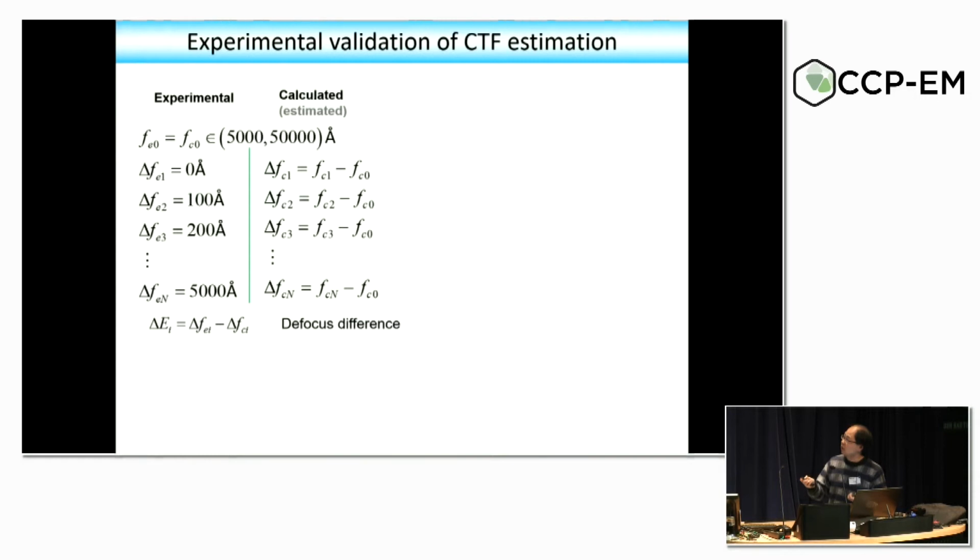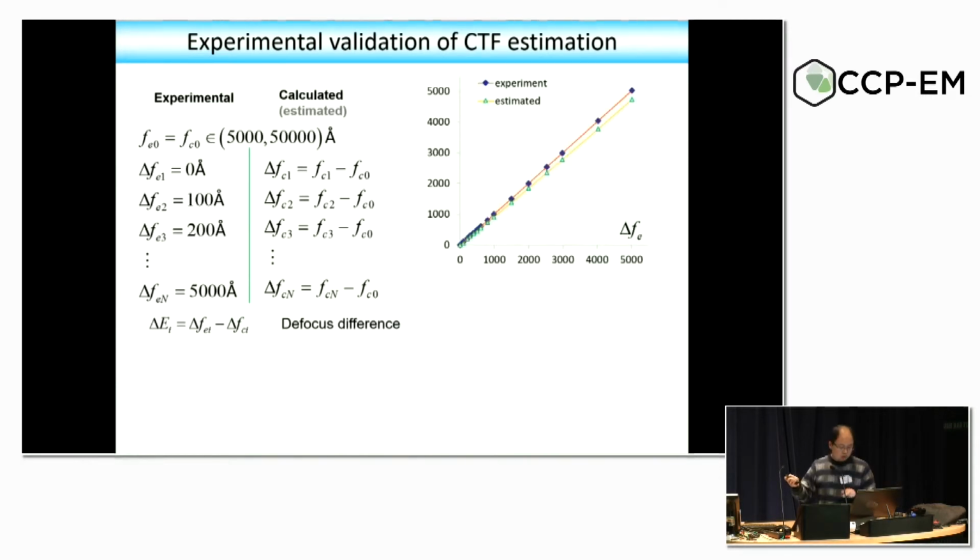We collected a set of defocus series just by adjusting the focus button, and then we estimate the CTF for this focus series. Because the starting focus can't be precisely controlled, we use the difference of the defocus rather than the absolute defocus to estimate.